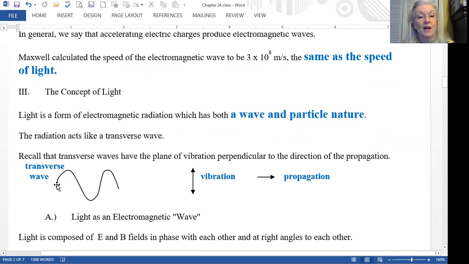So a transverse wave, it goes up, it comes down, it goes up, it comes down. The vibration is in the vertical direction in the one I've drawn, but the wave propagation is horizontal across the page. So for a transverse wave, vibration and propagation are at 90 degrees to each other, and it looks like a sine wave.